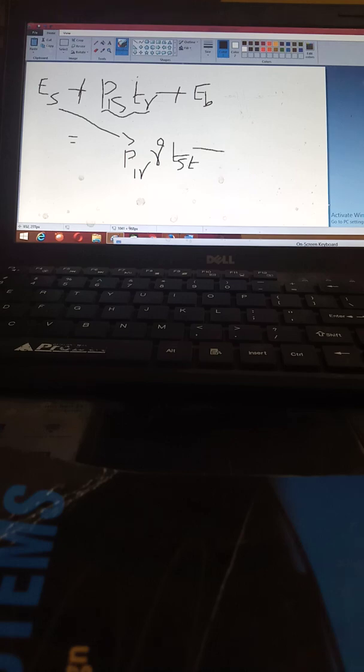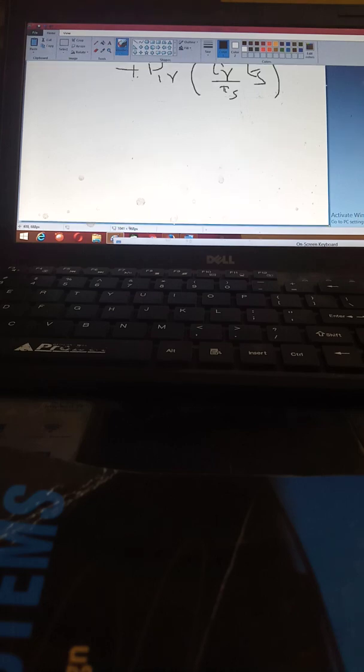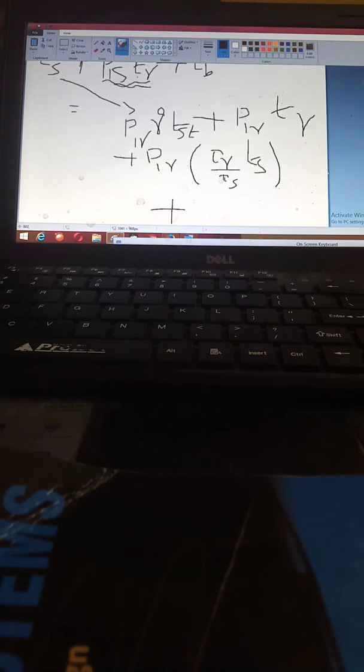Now we have P1s TR, that is last equation. That becomes a last equation. What is that? P1R TR plus P1R, remember no? Tau R by tau S into TS, plus we will have another equation because of braking, EB.